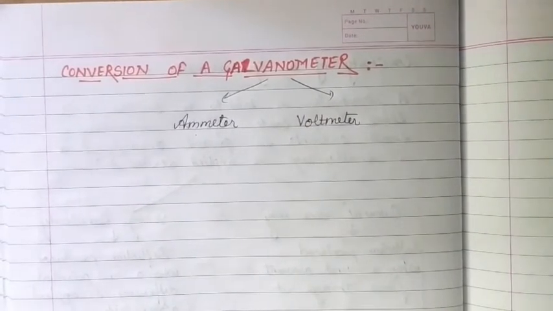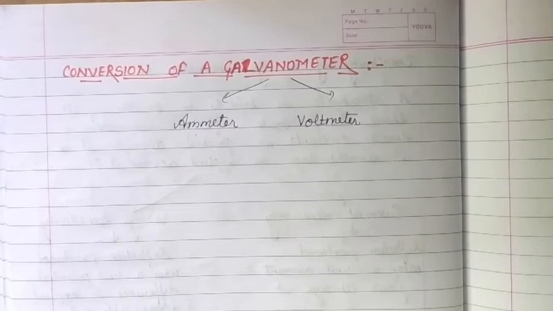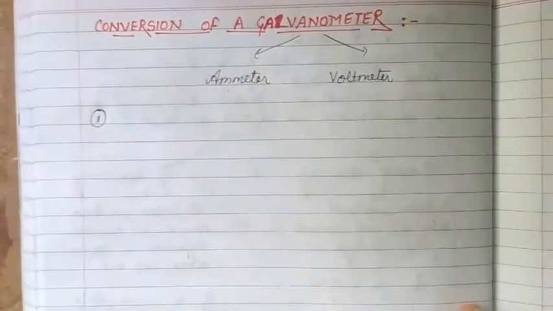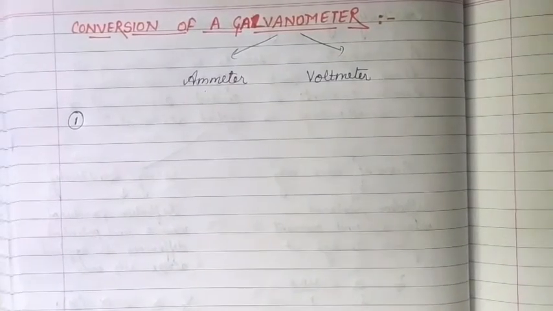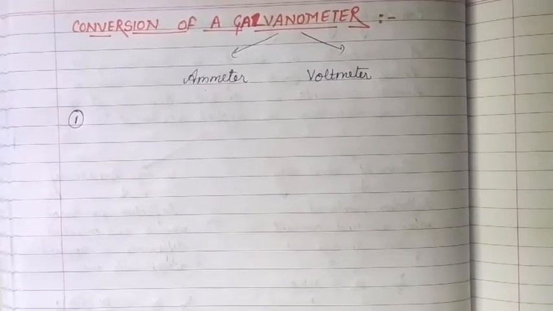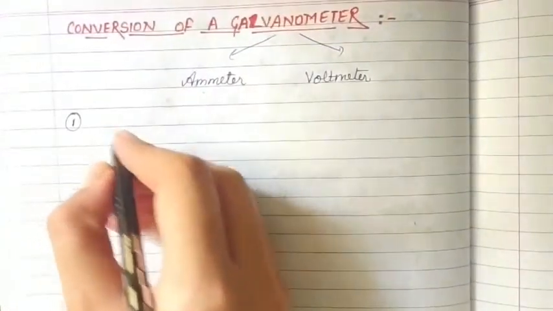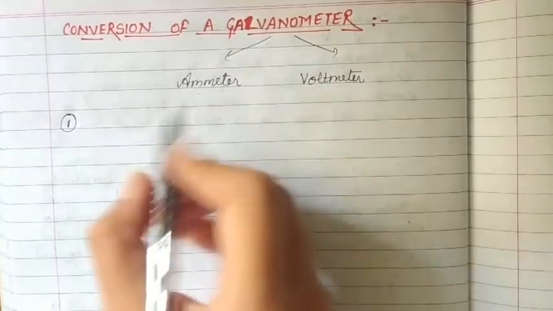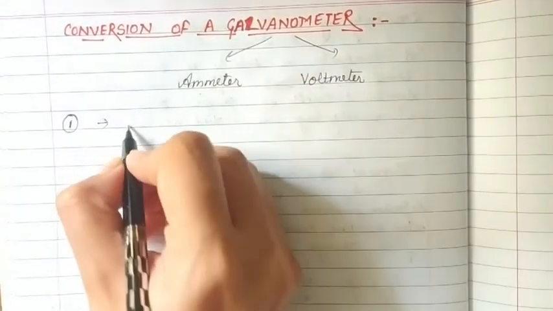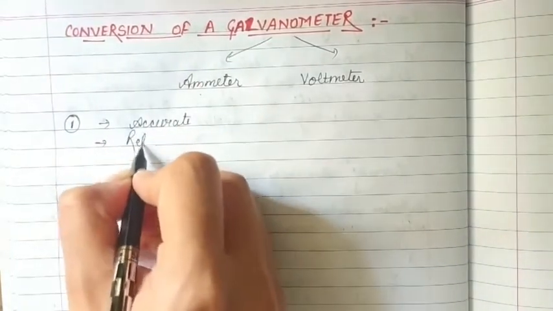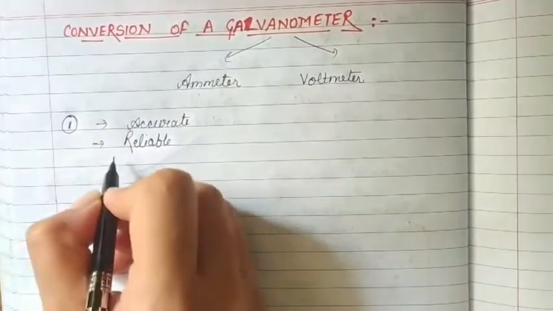But there are certain essential conditions, or I should say essential requirements, that should be met while converting a galvanometer into an ammeter or voltmeter. The main two points that we have to consider: the first point is that the ammeter or voltmeter that we are making by converting the galvanometer should be accurate, reliable and sensitive.